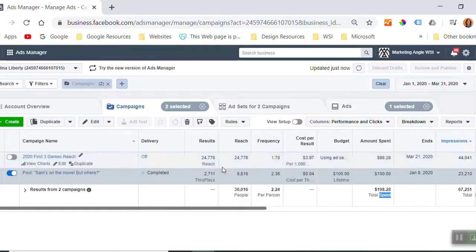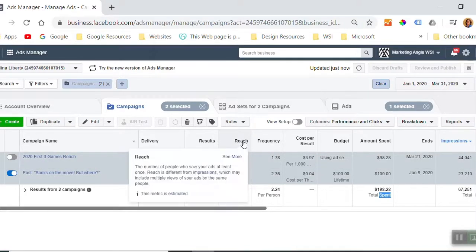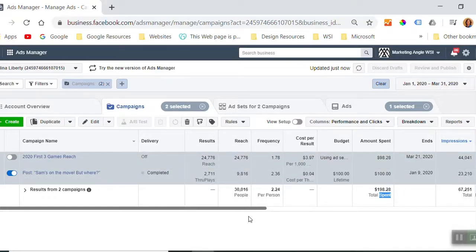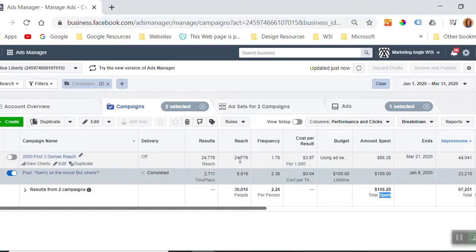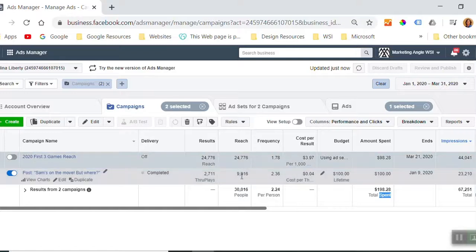This is something to get caught up on a little bit because look at how many people I reached. And remember, reach is the number of people who saw your ad at least once. I'm seeing about 3 times as many people are able to get to this versus my boost, where I spent the exact same amount of money and only got out there to 1/3 of the people.